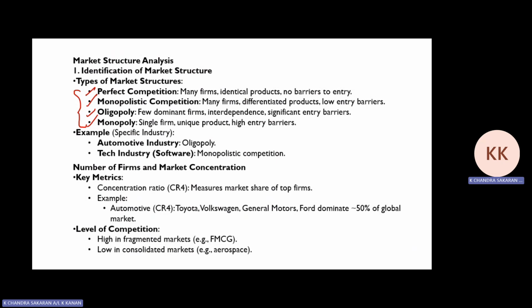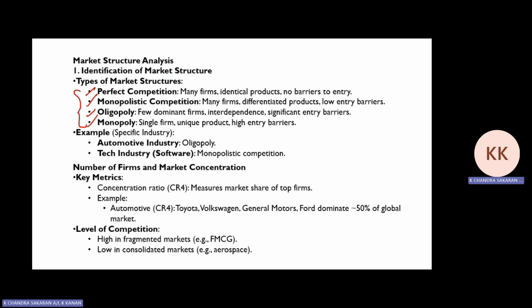Monopolistic competition, yes. Monopoly, yes. Oligopolistic competition, yes. So you decide the industry and tell which market structure your industry falls under. That means you talk about only one. Is it monopolistic competition? Is it oligopoly? Or is it monopoly? Which one? Then you can write the detail.